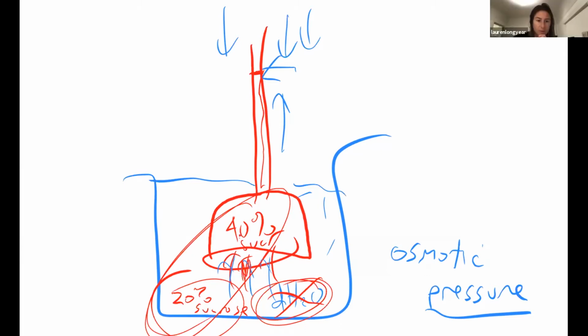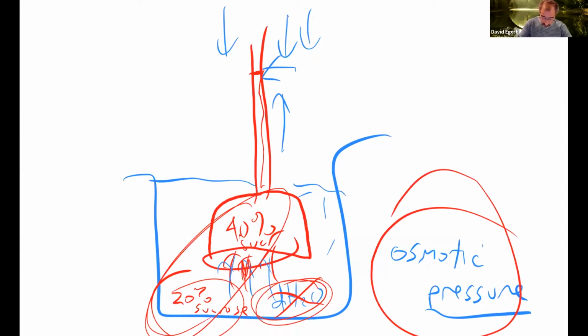It's smaller, which means less osmotic pressure, which means you're not going to get up as high up the tube before gravity can balance you out. Does that make sense? I want to make sure everybody starts getting a feel for what exactly is going on, what we're seeing, how to interpret our results before we dig into it more formally.